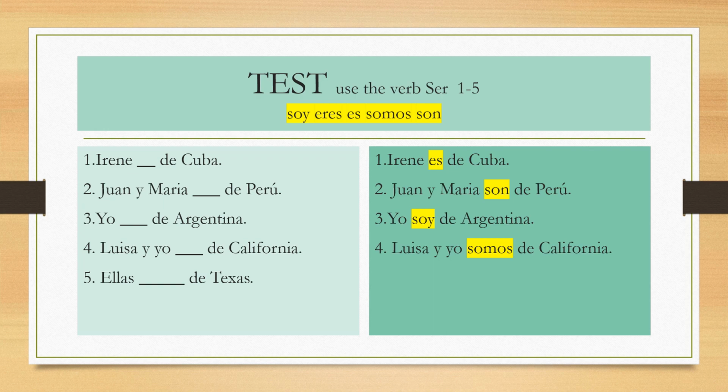Cuatro, Luisa y yo, including yourself. Luisa y yo somos de California. Cinco, ellas, plural, they, females, ellas son de Texas.